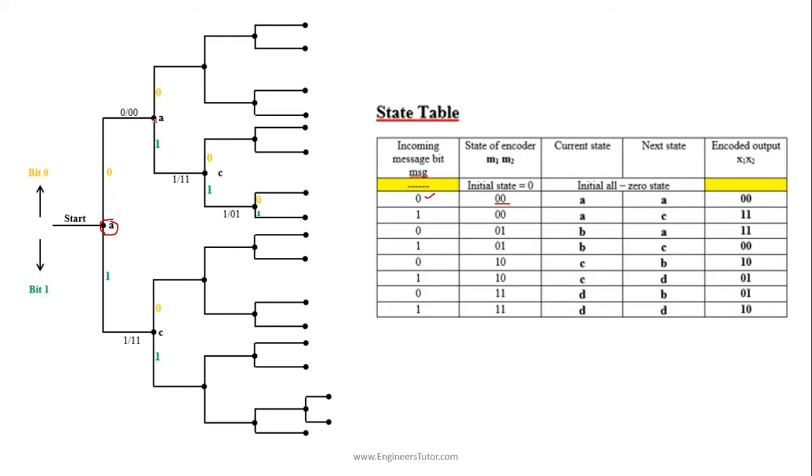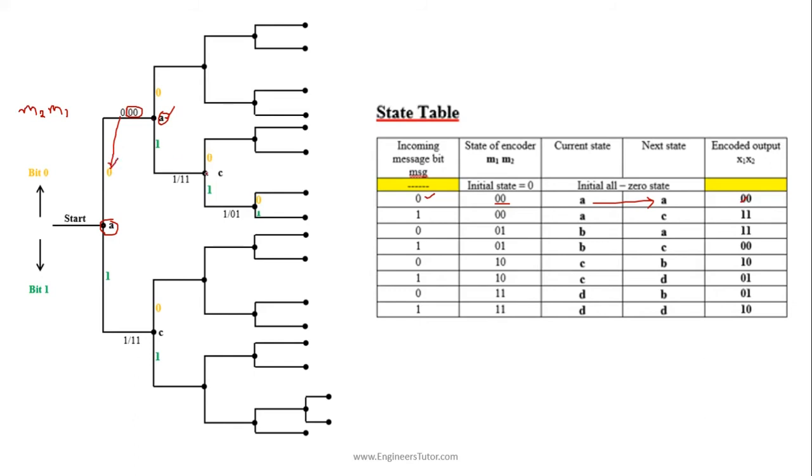To find this node or state of the encoder, we need M1 and M2, which are nothing but the state. So here M1, M2 will be 0, 0. The state changes from A to A, so that is why we represent it with A. And this is the output 0 0, and the 0 represents the incoming bit.